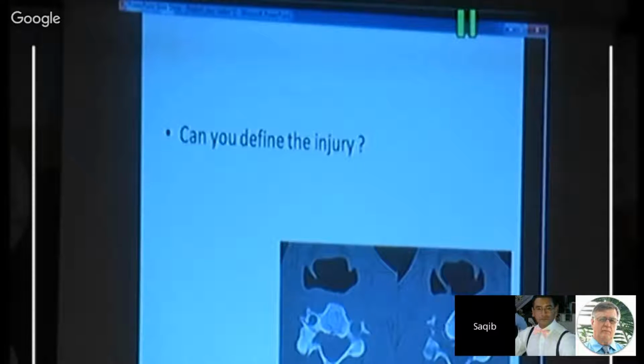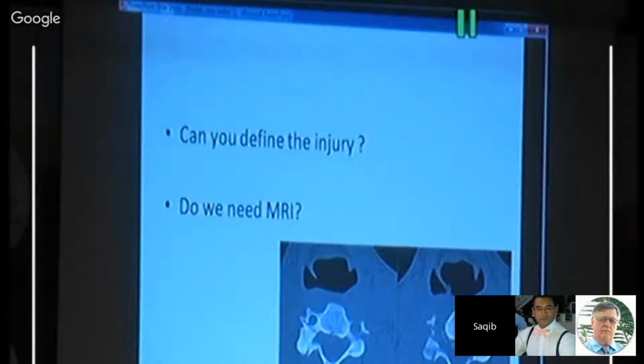My other questions are: can you define the injury? This is a lateral mass pedicle fracture separation. Do we need MRI? In most cases of cervical spine injury, we currently use MRI to see if there is traumatic cervical disc herniation, soft tissue injury, or discoligamentous injury.